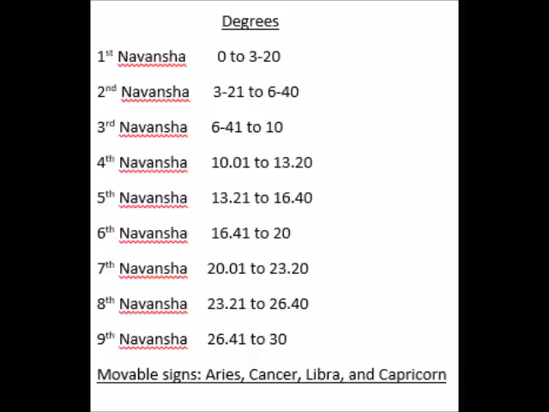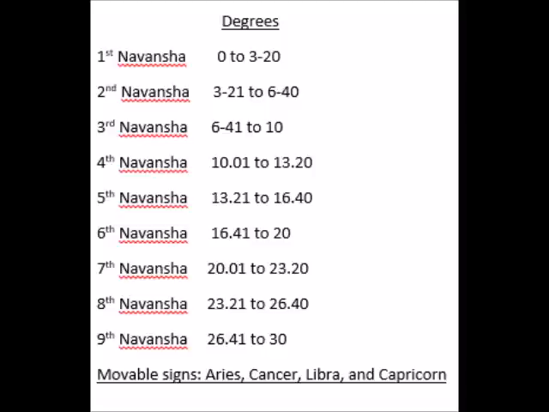Now the degrees of Saturn are 19 degrees and 15 minutes, but it is sitting in the zodiac sign of Taurus, which is not a movable sign. So first we'll determine which Navansha 19 degrees and 15 minutes falls under. If you see on the screen, 19 degrees and 15 minutes falls in the 6th Navansha.